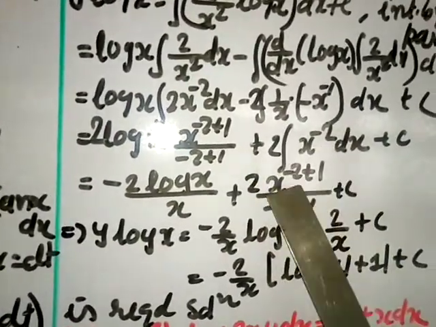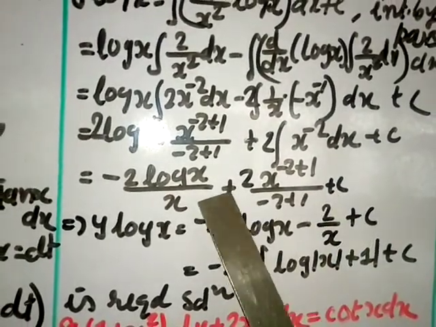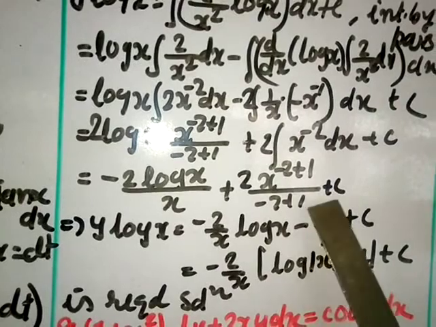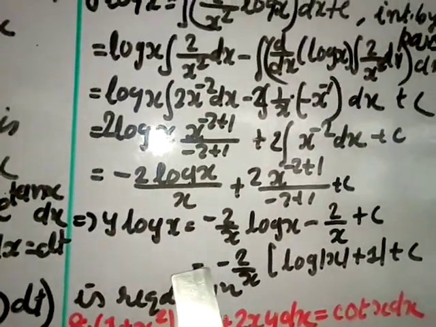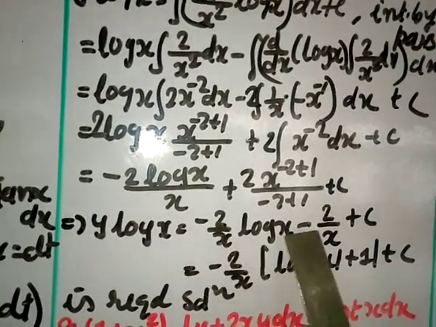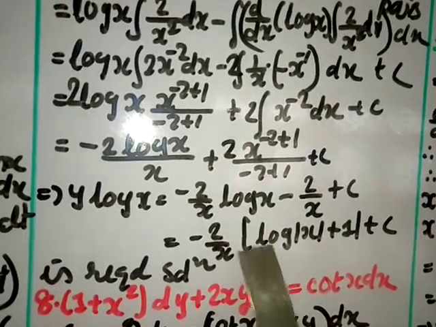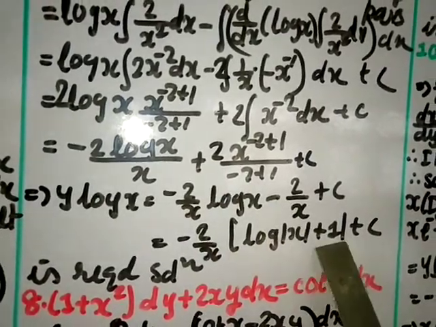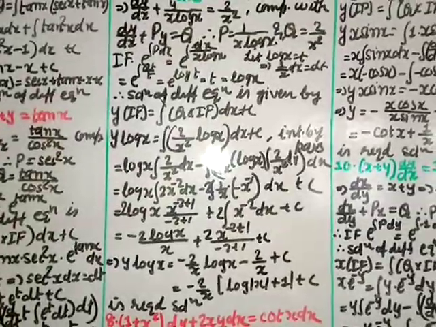Here also, in the same way, x power minus 2 plus 1 divided by minus 2 plus 1 plus c. This becomes minus 1 by x, so 2 by x. So you get y log x equal to minus 2 by x log x minus 2 by x plus c. Taking minus 2 by x common, we get plus log x plus 1, plus c. So this is the required solution for the given differential equation.